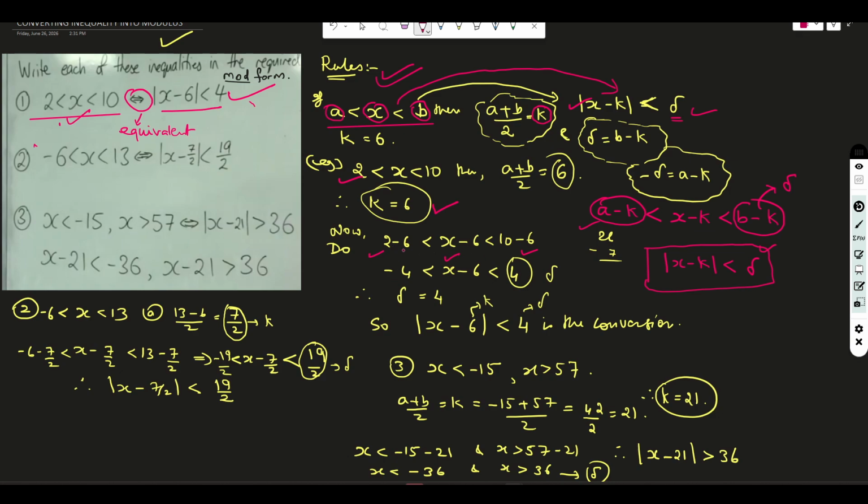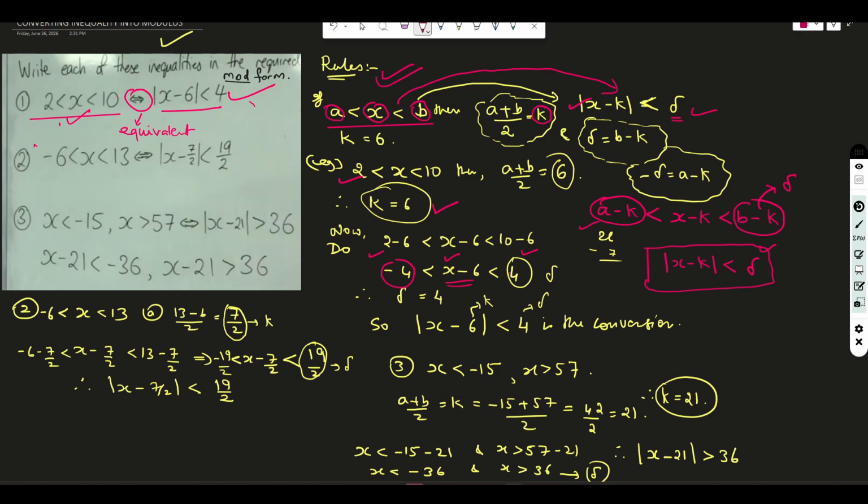Then 2 minus 6 is minus 4, in the middle I am getting x minus 6, and here I am getting 4. Can you see these two extreme values are numerically the same, that is 4, but the signs are different? Here the sign is plus, here the sign is minus. This is what you are supposed to arrive at.